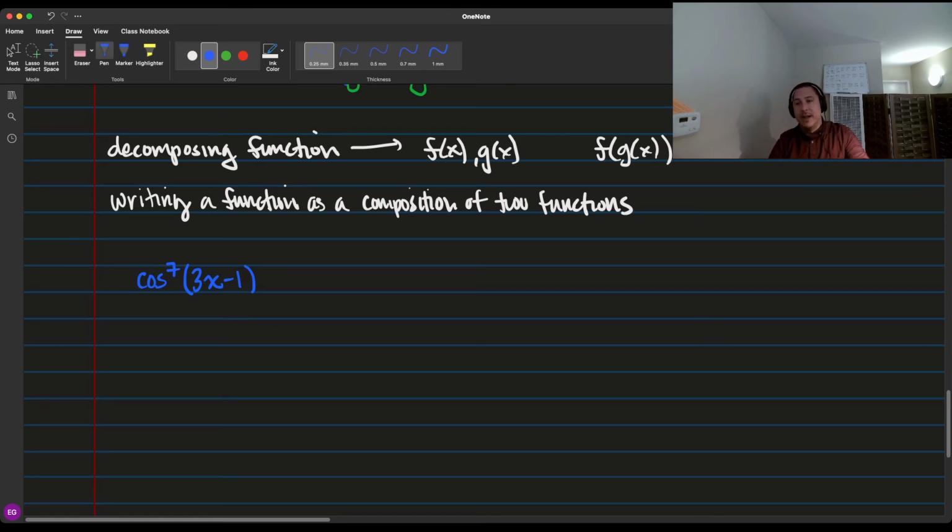We're going to call that f. So there's three options here. 3x minus 1, that's one thing. Cosine is another thing. And the 7th power is another thing, which is the last thing that gets done. That's the outside function.